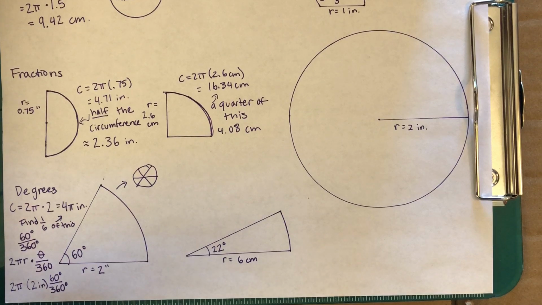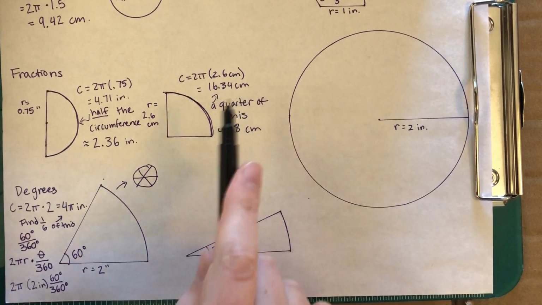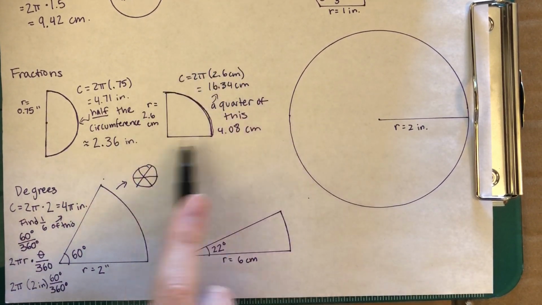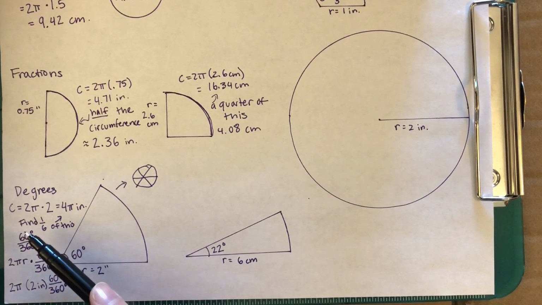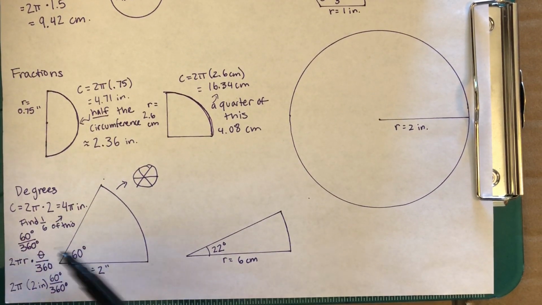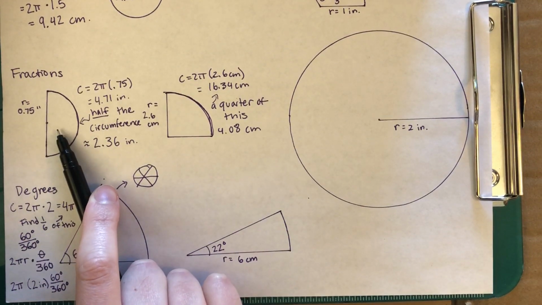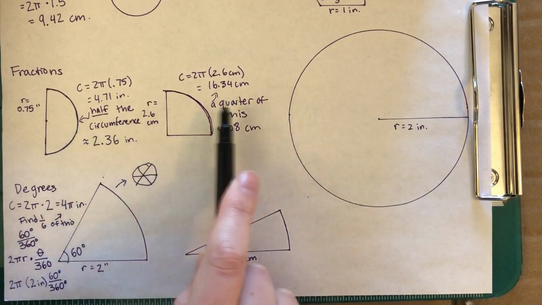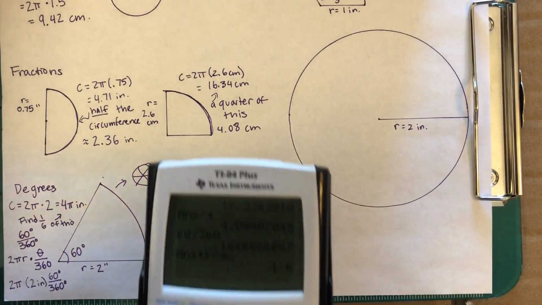So hopefully you can see where this approach is coming from. Instead of just multiplying by a fraction or dividing by something easy after I'm done, I'm multiplying by a fraction, and that fraction is just the amount of degrees out of the whole circle. This would totally work for 180 degrees here and 90 degrees here, instead of just cutting it in half or cutting it in fourths.